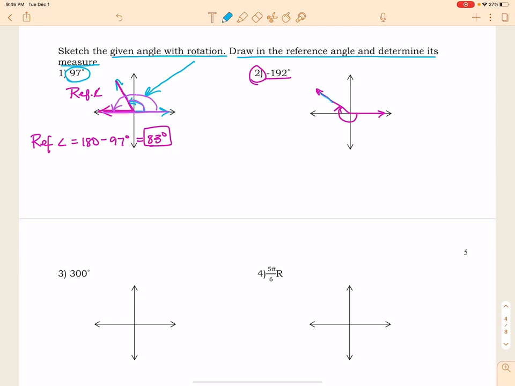Well, it's going to use this terminal side and the x-axis closest to it. So that would be this one right here. Since I've got 192 degrees total, I'm going to subtract 180 degrees from that, which would be this half right here, which would leave me with my reference angle. So my reference angle is 192 minus 180, which would be 12 degrees.